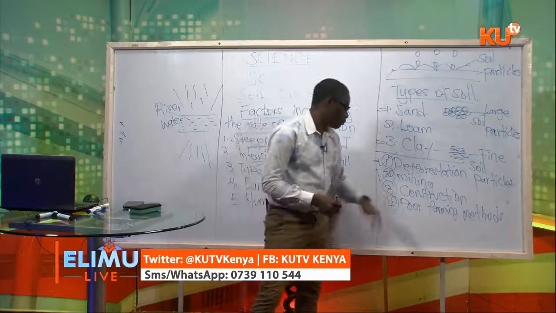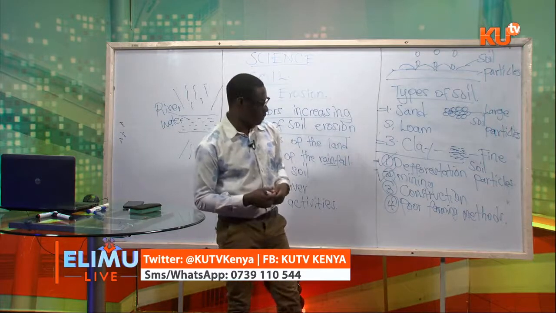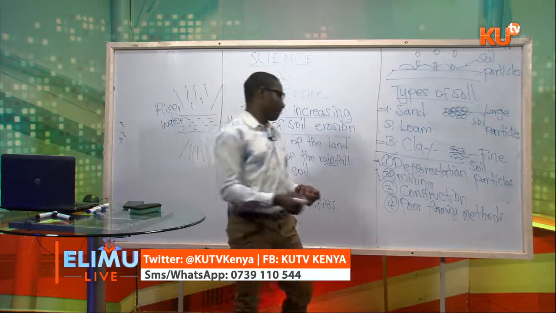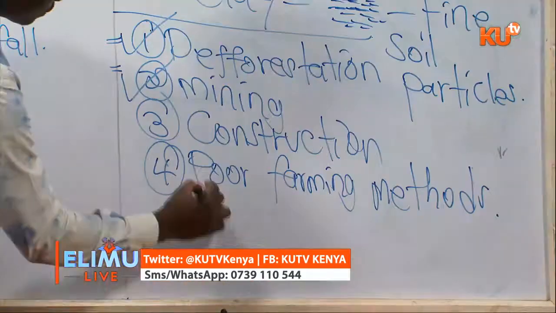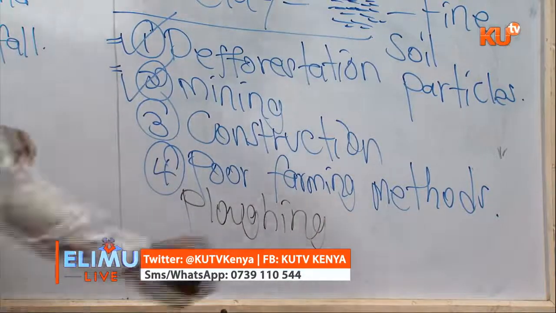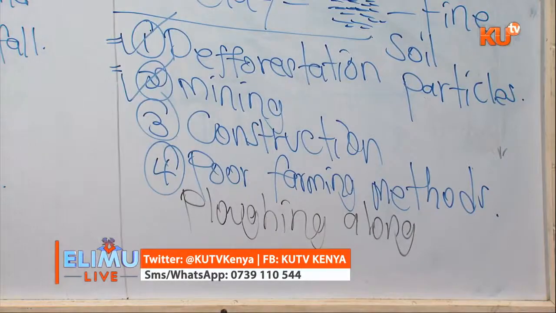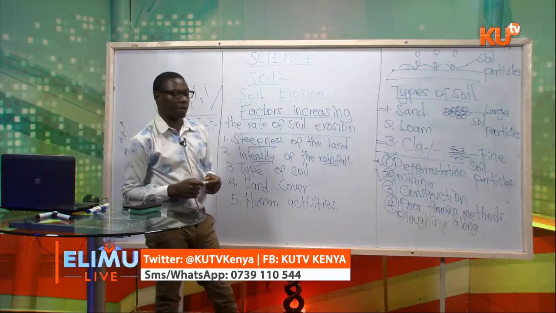We also have poor farming methods. An example of a poor farming method can be plowing along a slope. What do I mean by plowing along a slope?